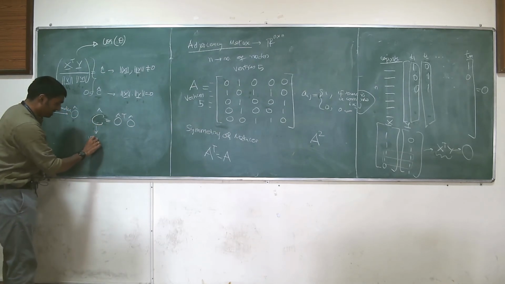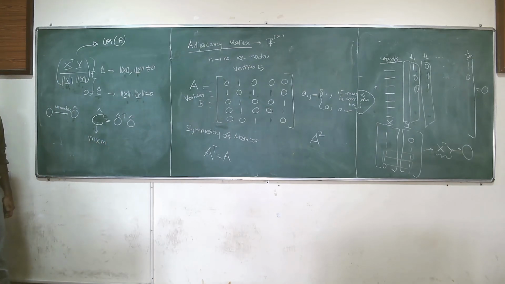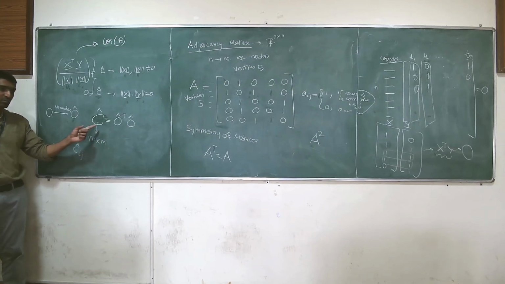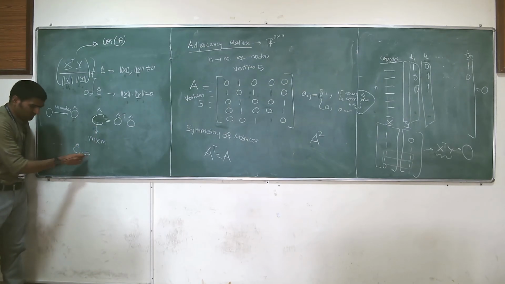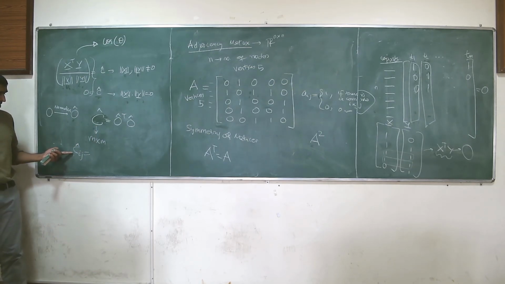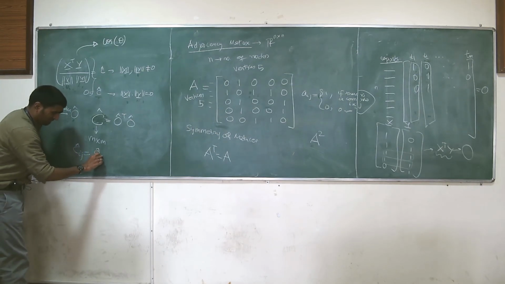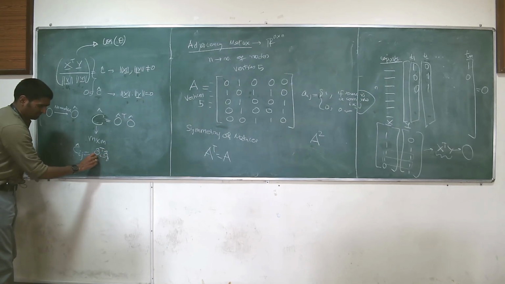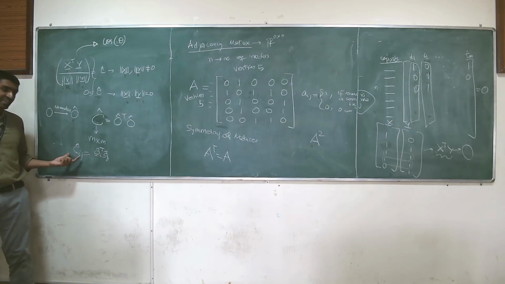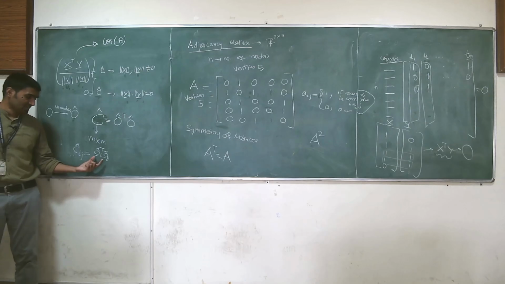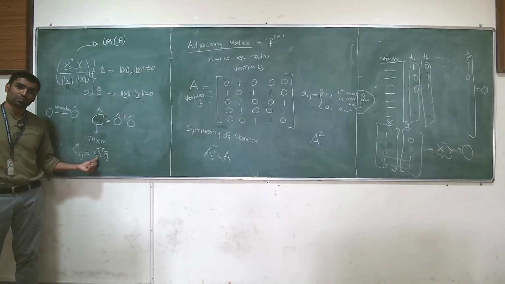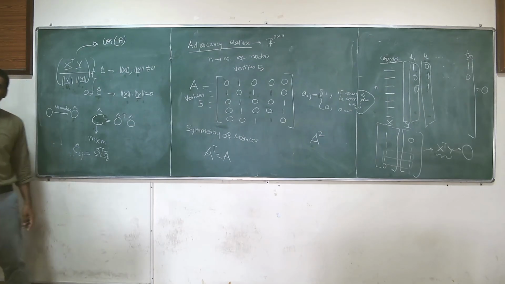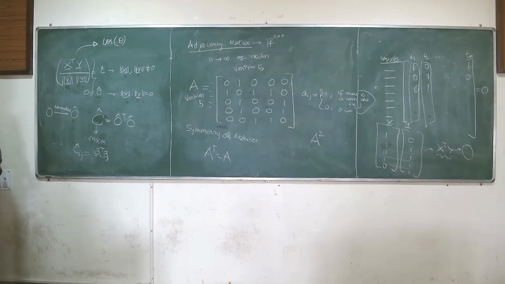It's M. The ijth element of this matrix will simply tell you O cap i transpose O cap j. This is simply Cij, the cosine of the angle between the normalized vector representing the ith token and the normalized vector representing the jth token. Is it clear?